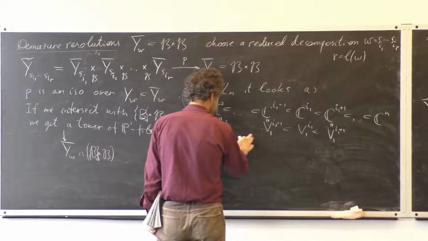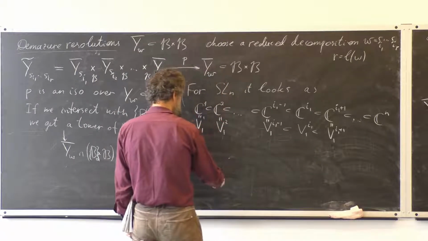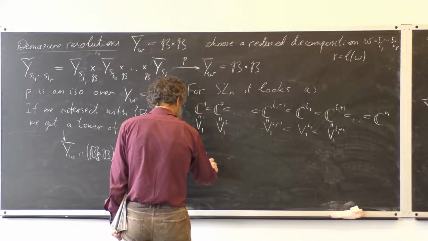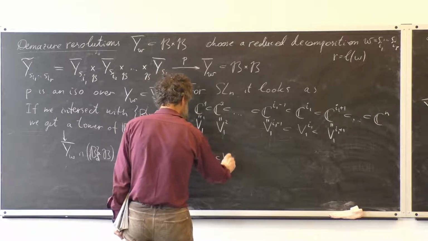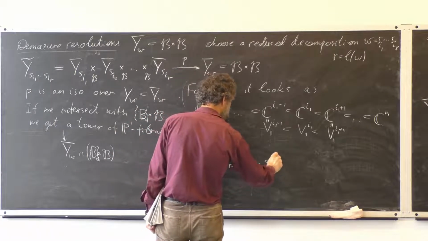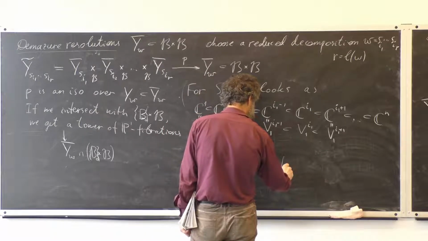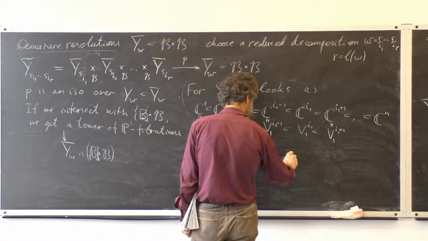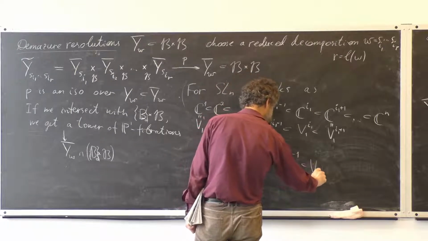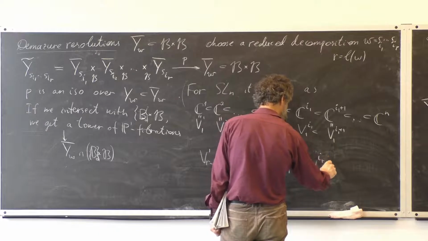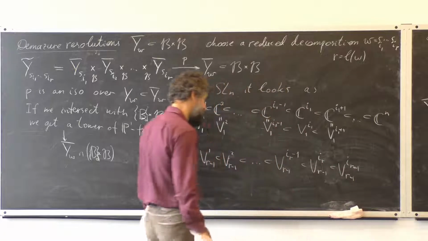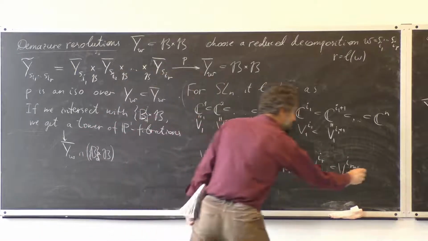At the last point, I will have V^{r-1}_1, inside V^{r-1}_2, and so on, and V^{r-1}_{ir-1}, V^{r-1}_{ir+1}.